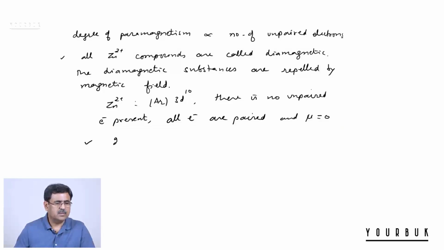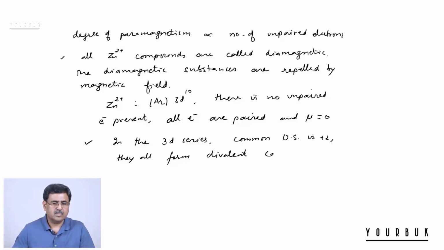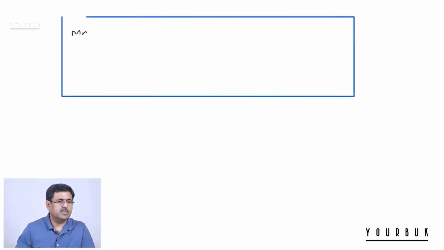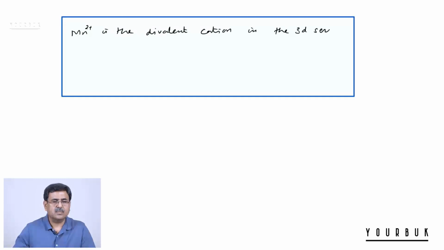Next point, in the 3D series, the common oxidation state is +2. It means they all form divalent cations. And the manganese 2 plus, Mn2 plus is the divalent cation in the 3D series with maximum number of unpaired electrons.